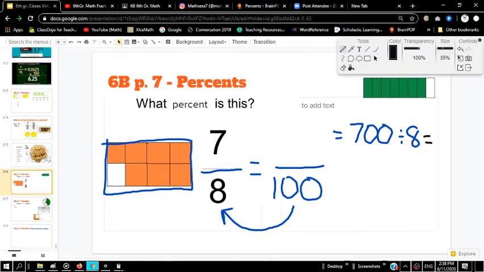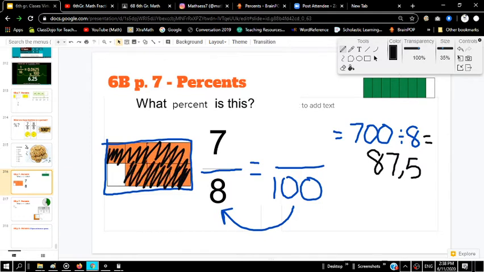That's going to give us 87.5. Which means, boys and girls, that each one of these squares that's shaded in is representative of 87.5% of the total. It's pretty close to 88%, which again is pretty close to 100.